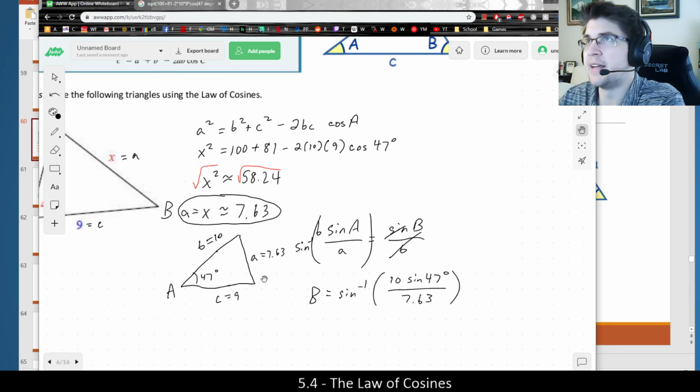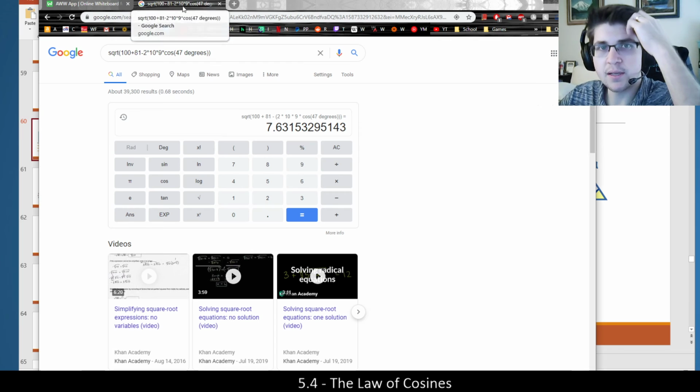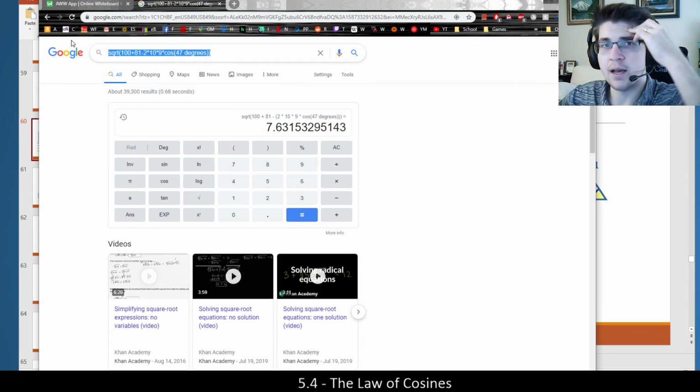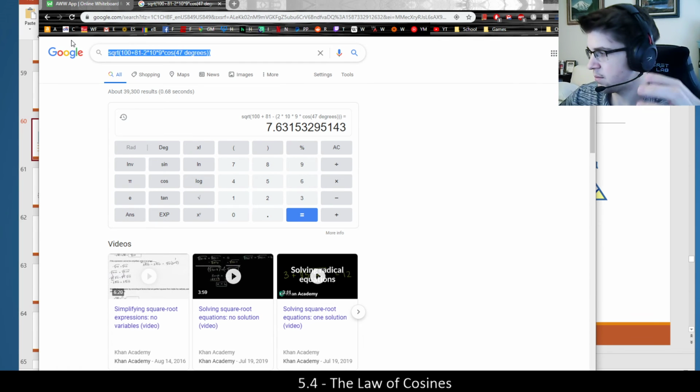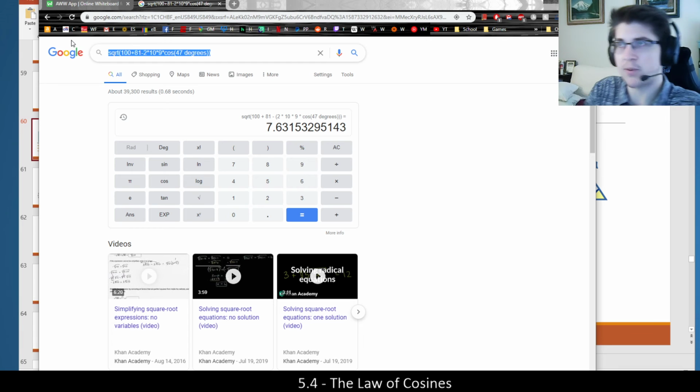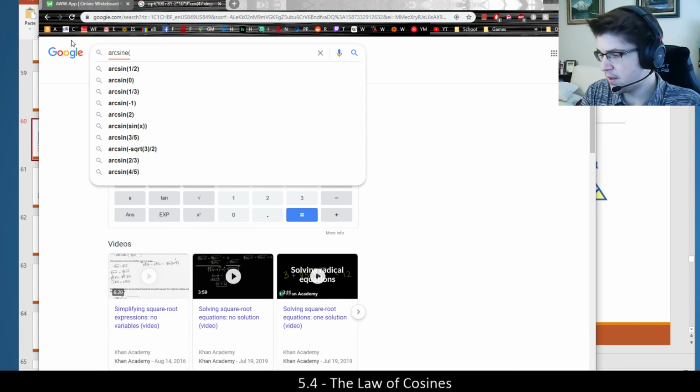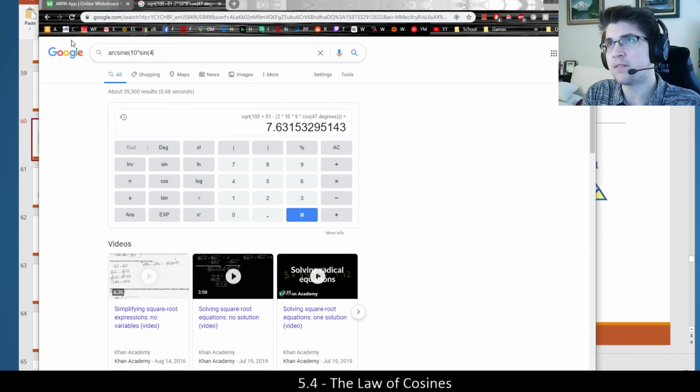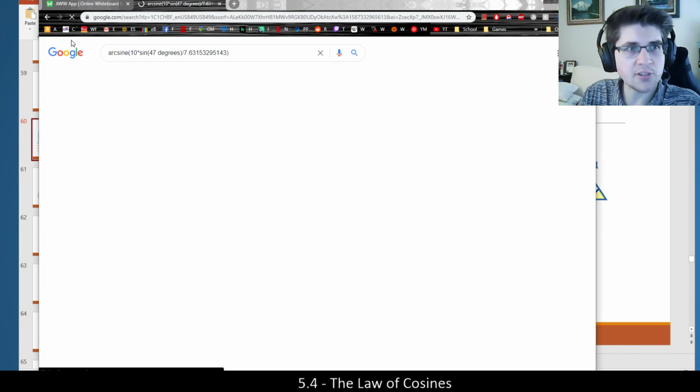And doing all that in a calculator, again, I'm going to go to Google since my TI is not working on my computer right now. But the arcsine of 10 times sine 47 degrees divided by 7.63. I'll use a few more digits since I have them right there from my previous calculation.